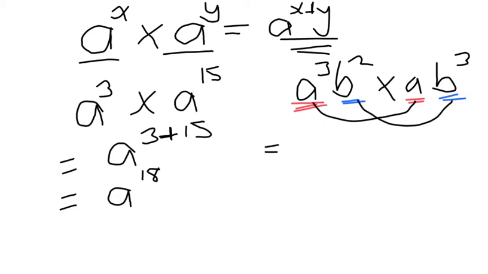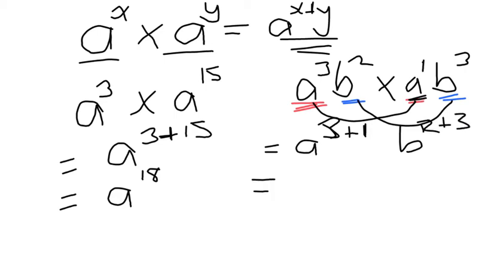So we have a to the power of 3 times a, and it's important that this a alone is actually to the power of 1, so you know you're adding 1. Also, we group our b's together, so we have b to the power of 2 plus the power of 3.